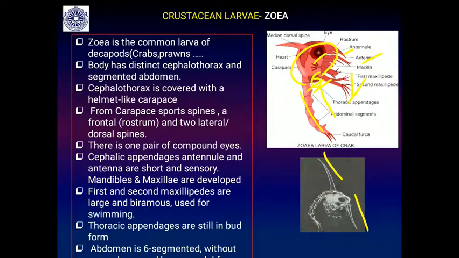Then there is a caudal furca, or the caudal spine, a forked structure you will be able to see in the tail region, or the telson region. This is another common crustacean larva, Zoea, which you will find in crabs and prawns.